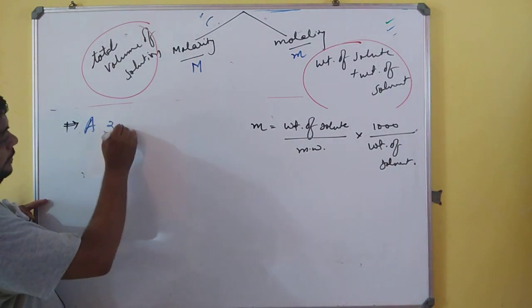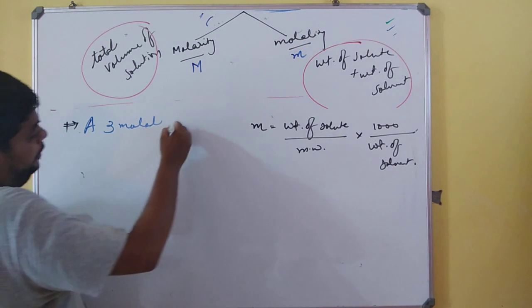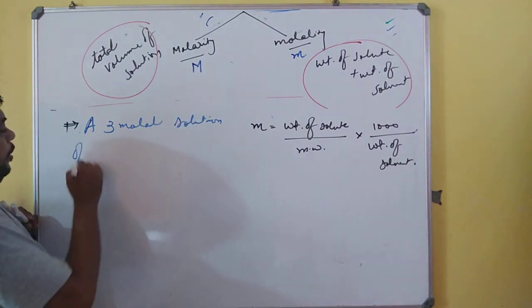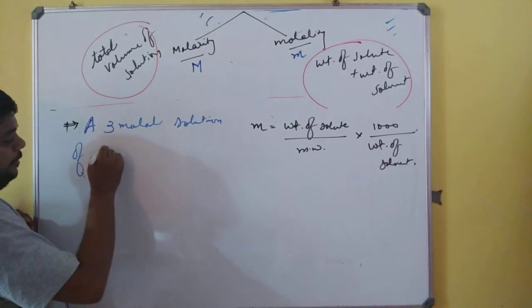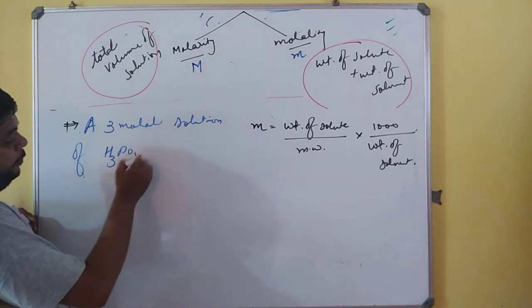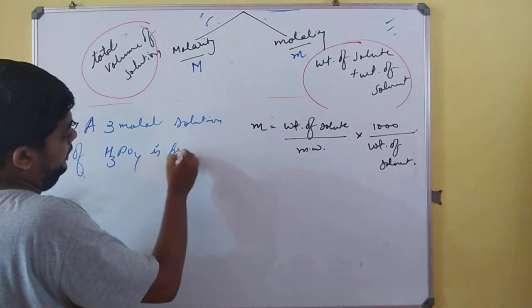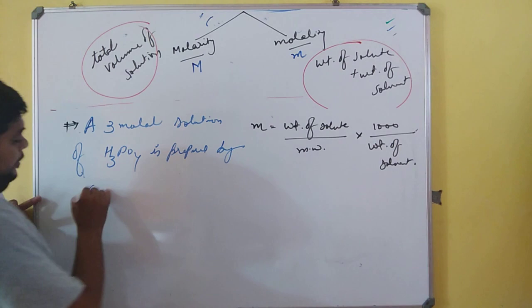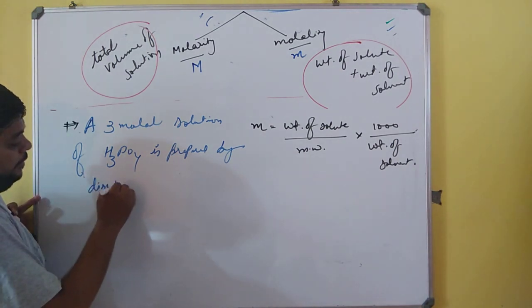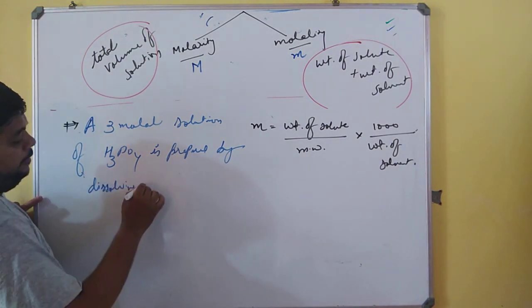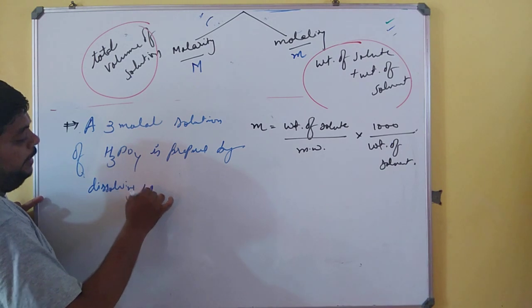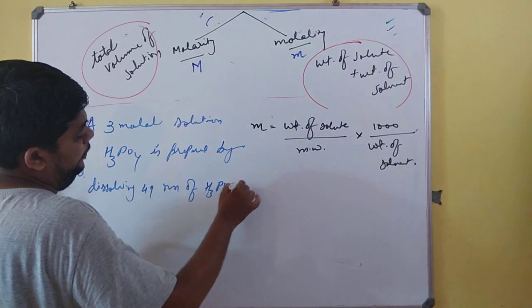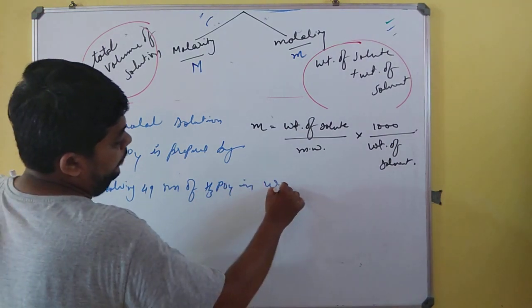A 3 molal solution of H3PO4 is prepared by dissolving 49 gram of H3PO4 in water.